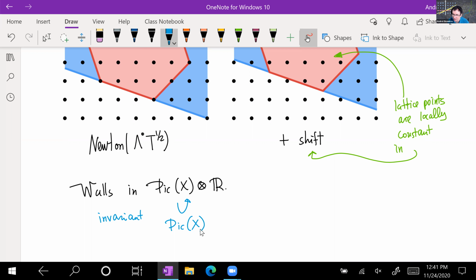So this action, this is the stable envelope. If I have a line bundle in here, it changes.